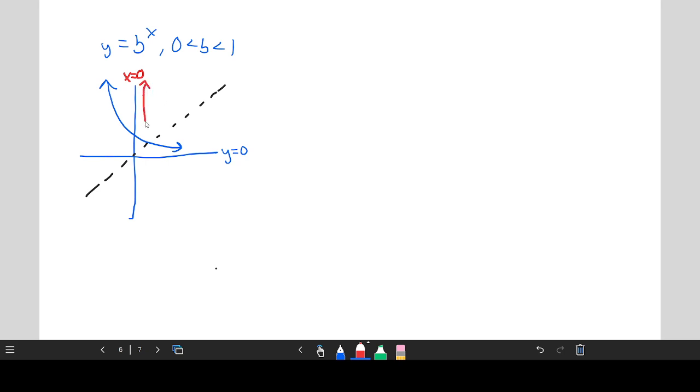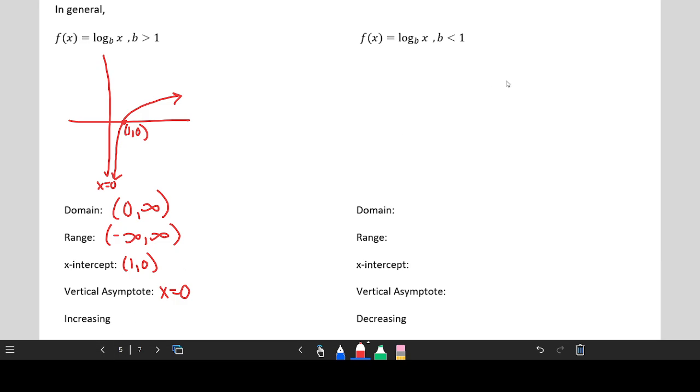And then it's going to decrease this way. So that's what the log graph looks like for a base that is between 0 and 1. So you still have the asymptote x equals 0, you're just approaching it at the top instead of the bottom.